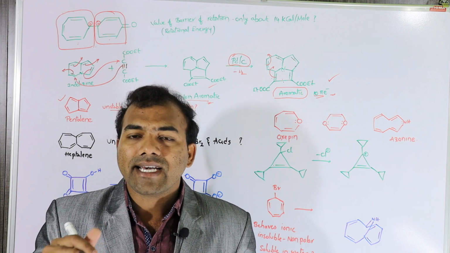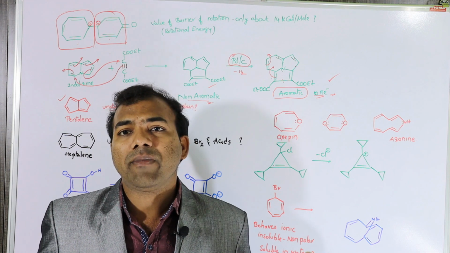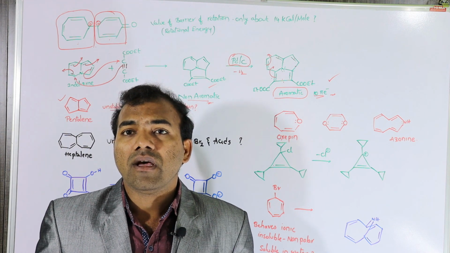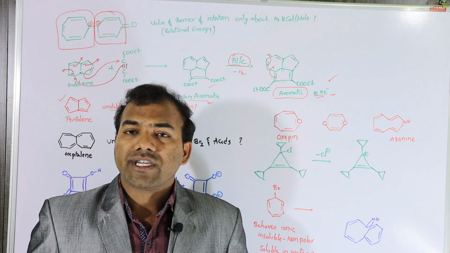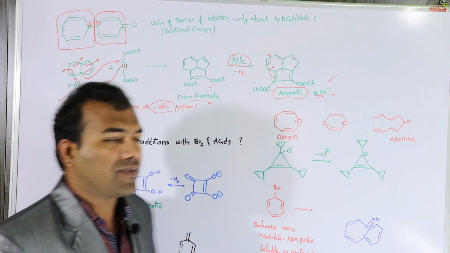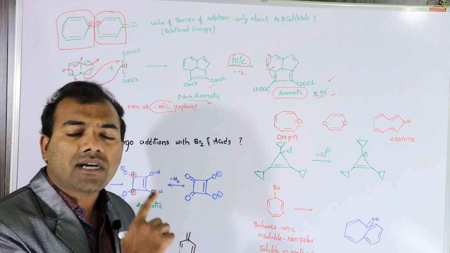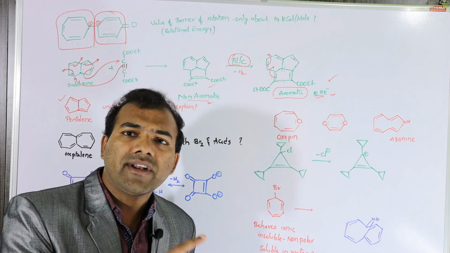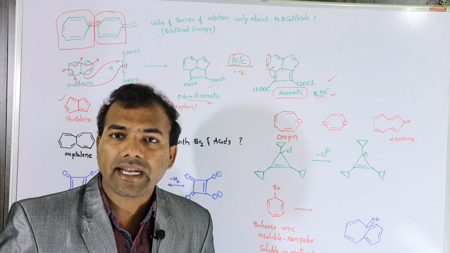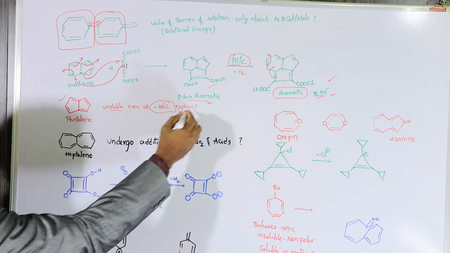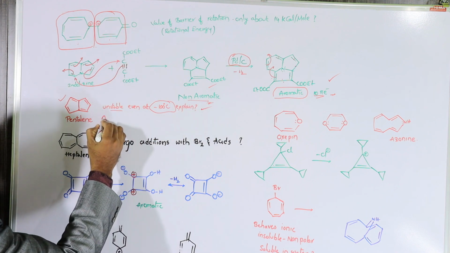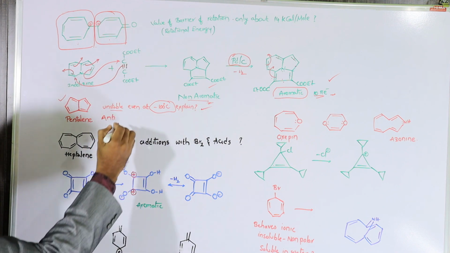So this is anti-aromatic. We know that anti-aromatic compounds are even less stable than non-cyclic conjugated compounds. That is the reason this compound is not stable even at minus 100 degrees centigrade. Okay, next example. This is anti-aromatic.